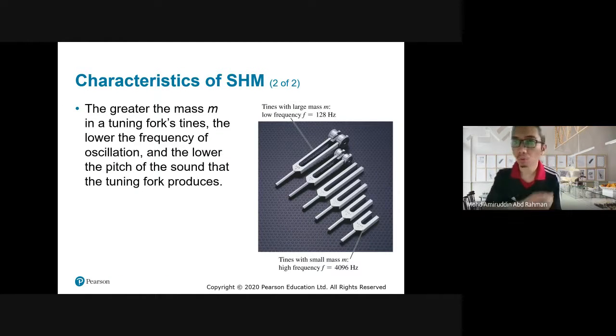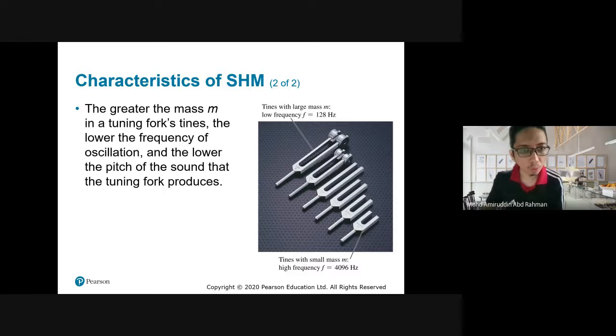Okay, so we look at the characteristic of simple harmonic motion. When we have a bigger mass, we have a lower frequency of oscillation. For example, over here we have a tuning fork.